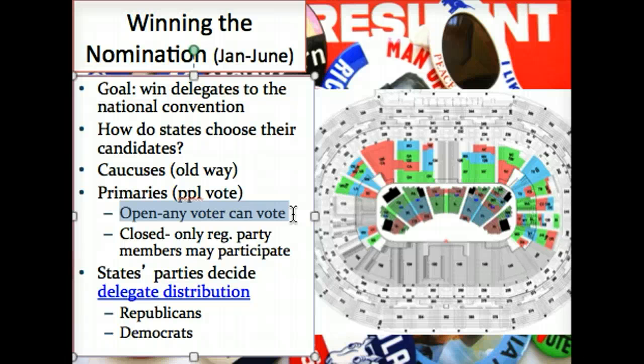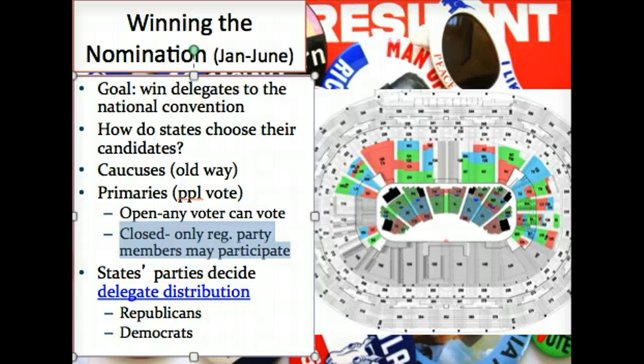And what that'll do in a closed primary state, it'll prevent Democrats from going to the Republican primary and picking the worst Republican candidate that they can find, or vice versa. It will prevent Republicans from participating in the Democratic primary to try to select the worst Democratic candidate.